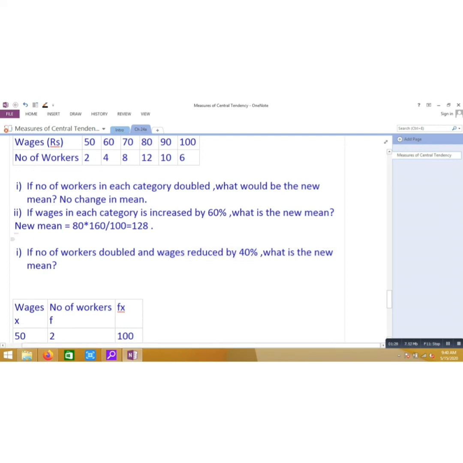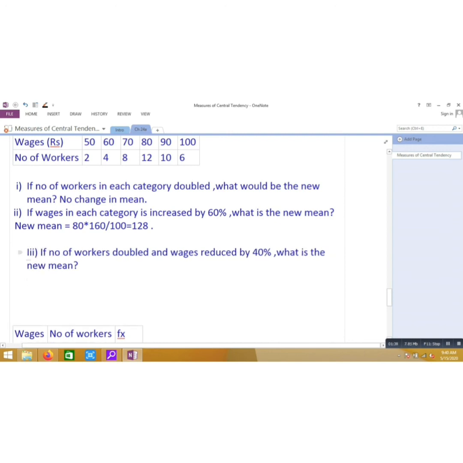So we can calculate the new mean for this third part of the question. 80 into reduced by 40, so that is 60 by 100. That gives a new mean of 48.